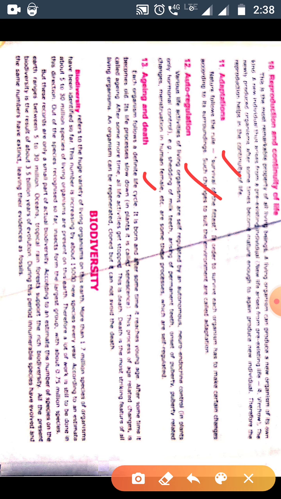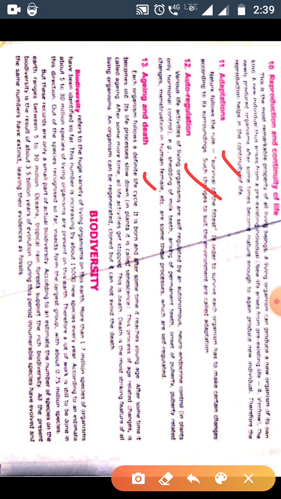These are some common features, common characters that are found only in the living organisms, that are completely not found in non-living objects. So, by the appearance of these characters, the living organisms differ from non-living objects.